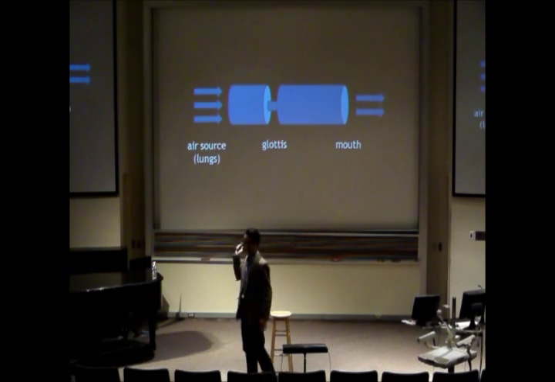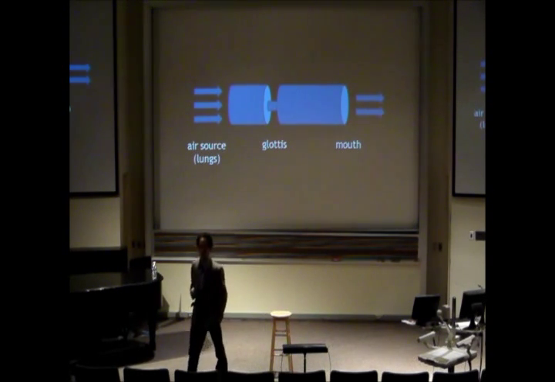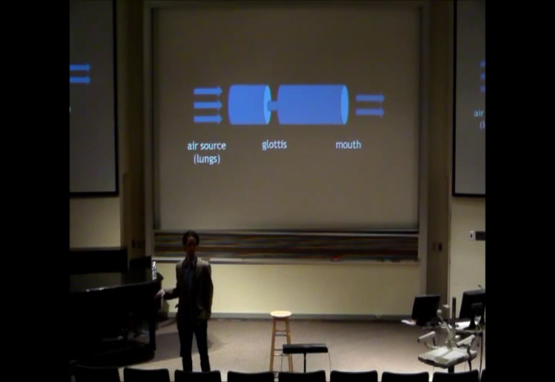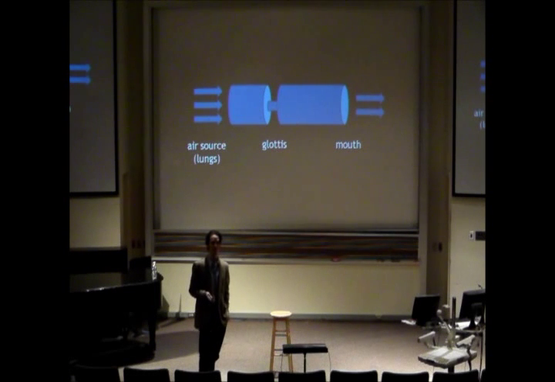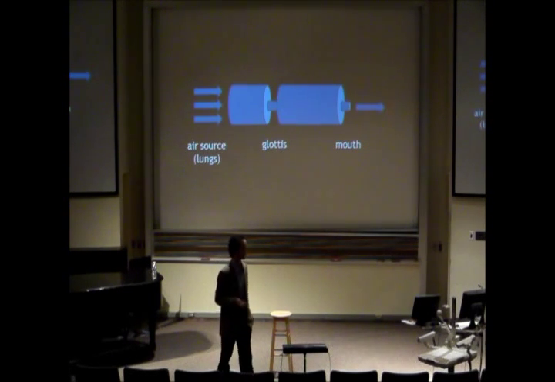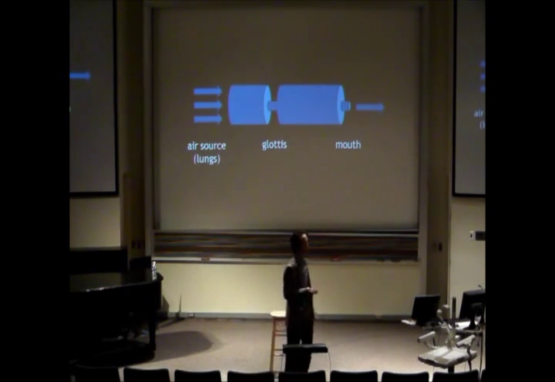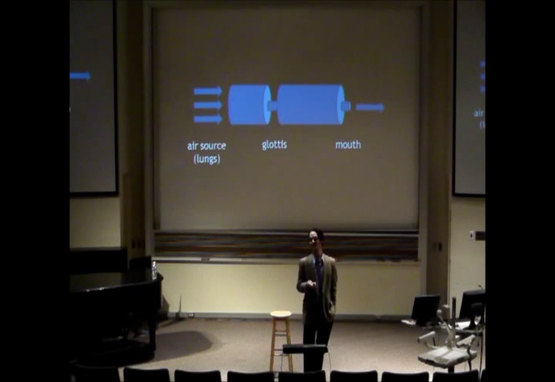There's one other feature I want to add to our system here. It's at the end of it. What would that be? Lips. Yeah. So as you can see, the airflow is restricted in a couple of places. And this is really important for, well, does this start to look familiar to you?